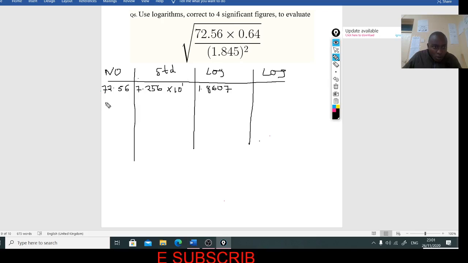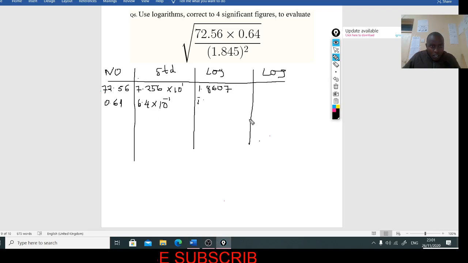I go back to 0.64. Logarithm will be 6.4 times 10 raised to power, you move to the right, power of -1, so it will be power -1.